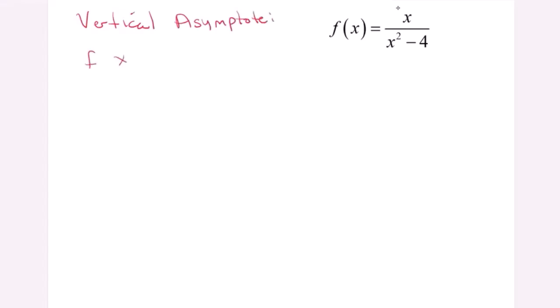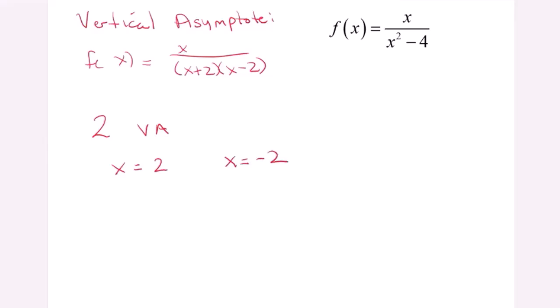Let's find the vertical asymptote. The first thing we want to do is factor. We have f of x is equal to x over, and I can factor that difference of squares, x plus 2 times x minus 2. There's nothing to cancel, so I have 2 vertical asymptotes, one at x equals 2 and one at x equals -2.